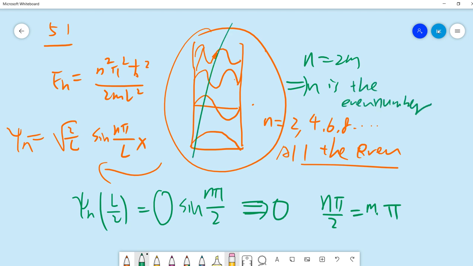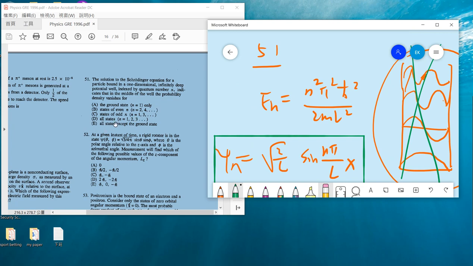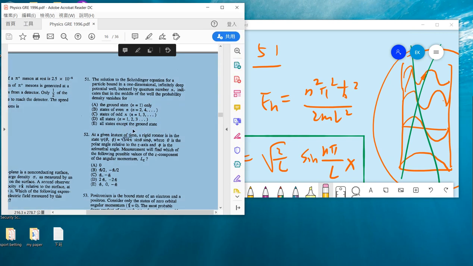If you do not want to make a plot, but you remember the wave function, then it's very good, you can still solve the question. So the answer is states of all even. So the answer is B.